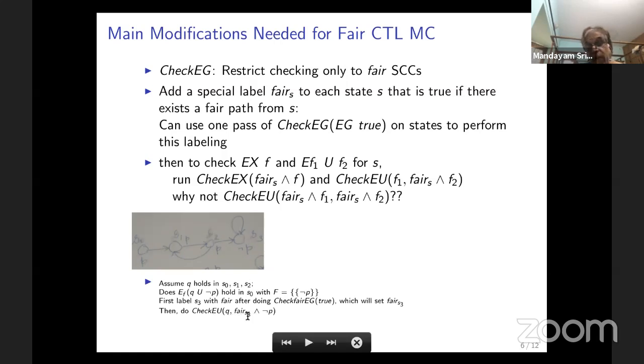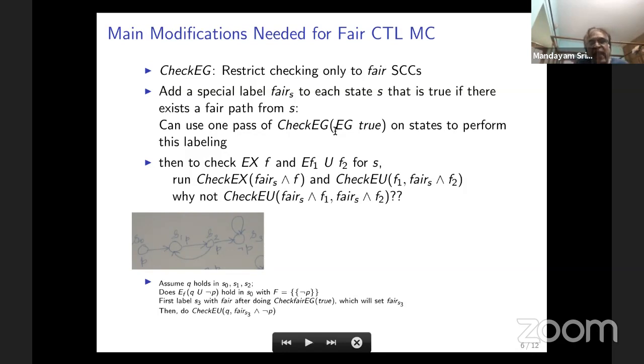If the fairness label were not true in a state, then of course this would end up becoming false, and that's how you do it. So EX also has to be done the same way, after conjoining the fairness label, whose truth value is determined by this phase.